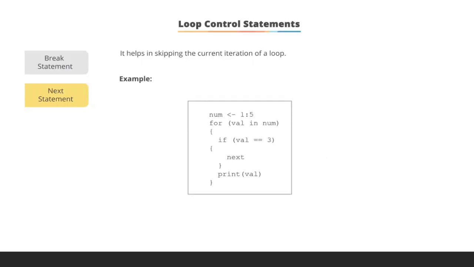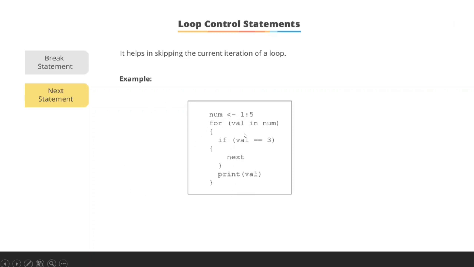Next statement, it helps in skipping the current iteration of a loop. Like if you can see here, num is assigned 1 to 5 values, and we are running it for 5 times. Initially val contains 1. It will check if val is equal to 3. No, it is not. So it will print the value 1. 2 is again printed.